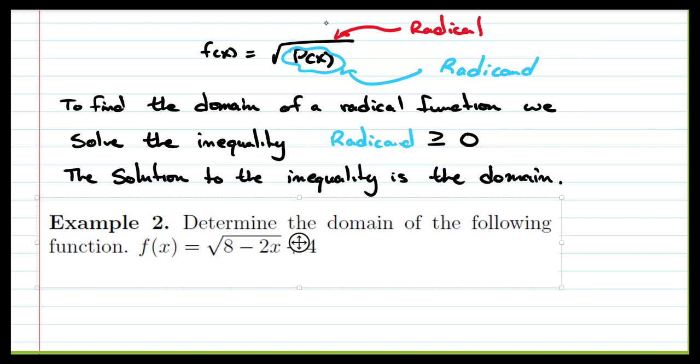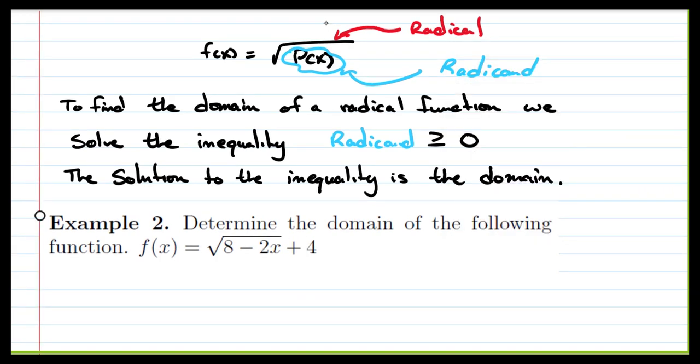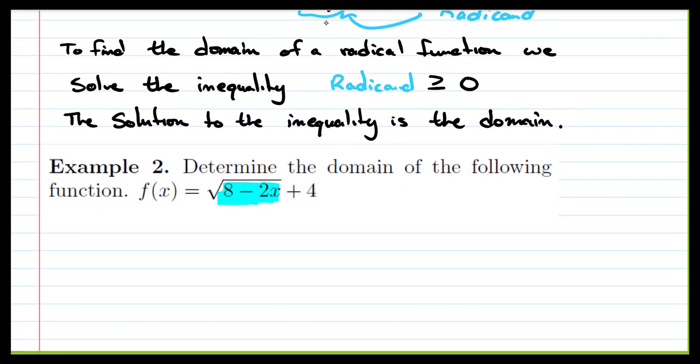All right, so we want to determine the domain of the following function. So we need to identify our radicand. So the radicand is just the part that is underneath the radical. So that plus 4 on the outside isn't anything. So we need to solve radicand is greater than or equal to 0.